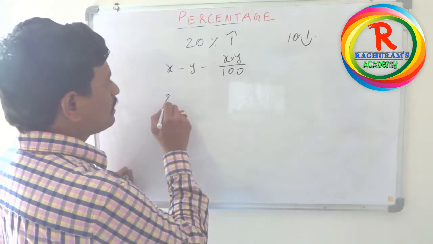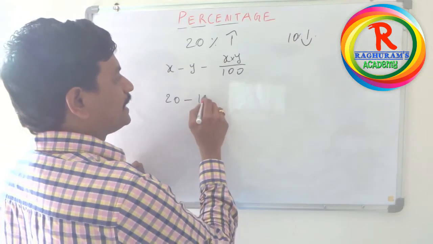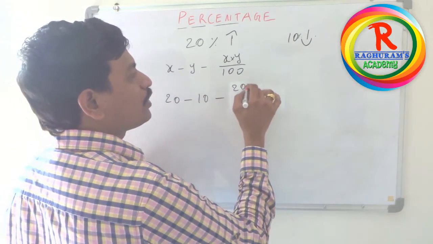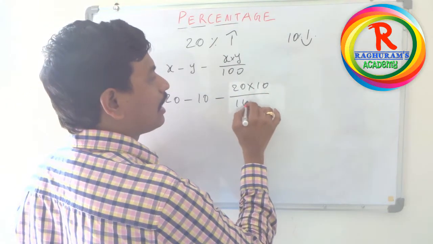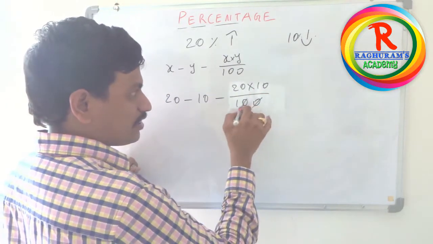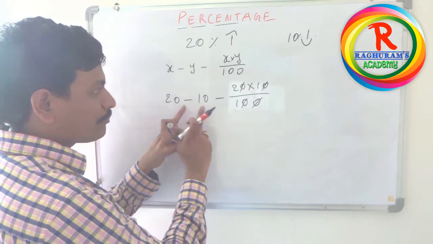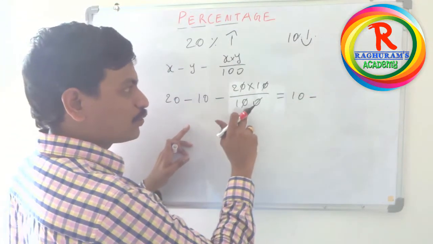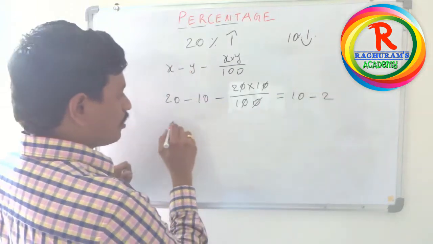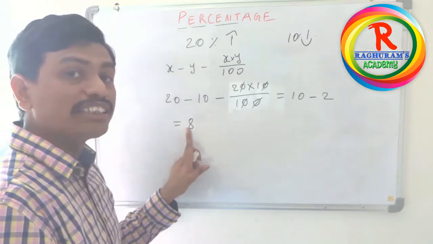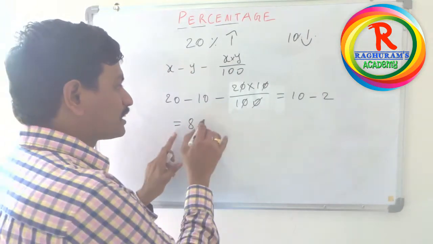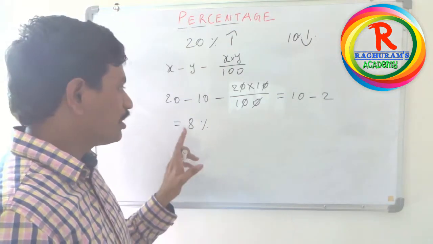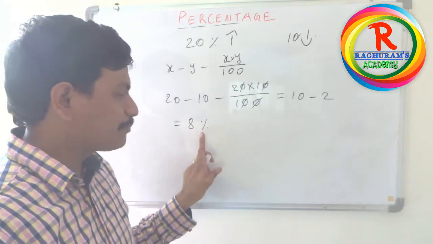Here the increase is 20, minus the decrease 10, minus 20 into 10 by 100. So the zeros got cancelled. 20 minus 10 is 10, minus 2, nothing but 2. So the answer is 8, and we got a positive, so it is an 8% increase.